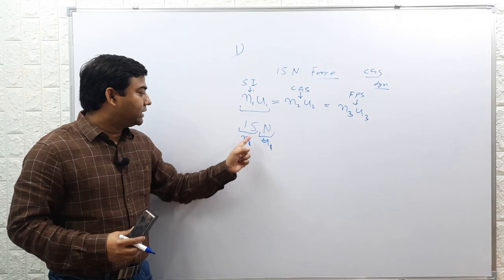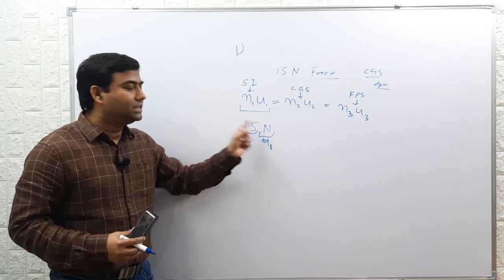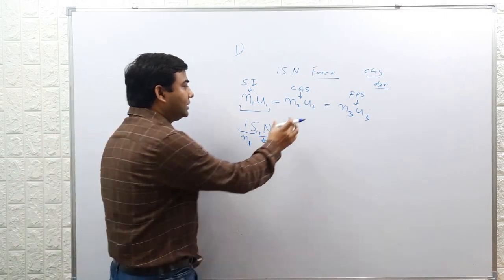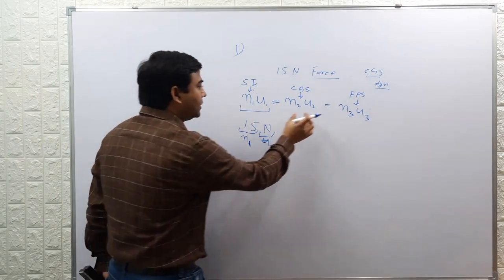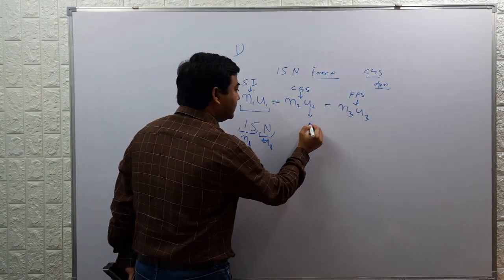Here for 15 Newton, N1 is 15 and U1 is Newton.